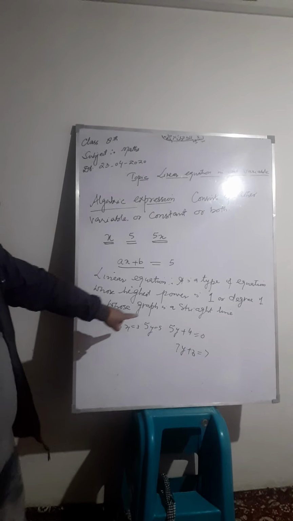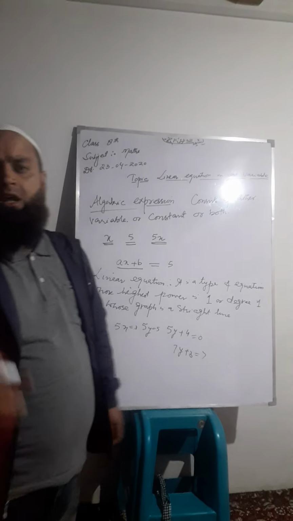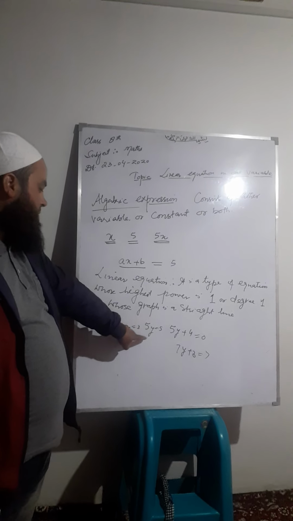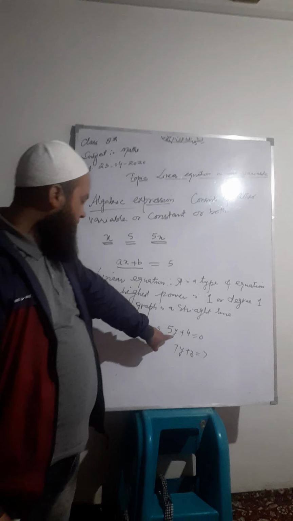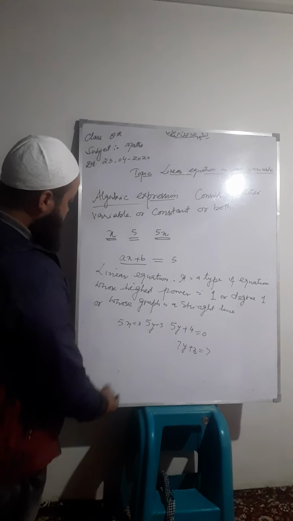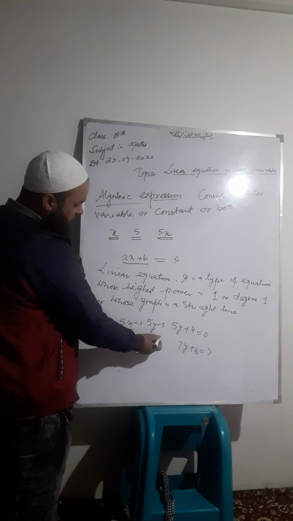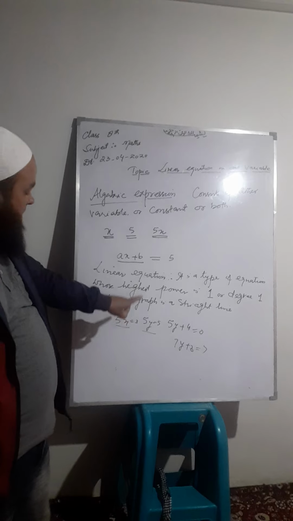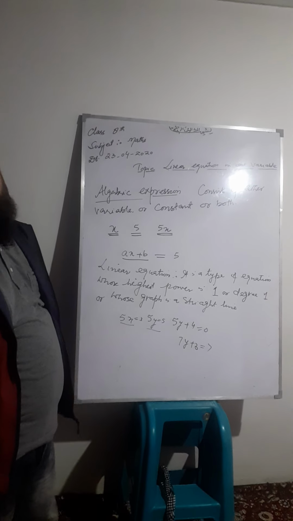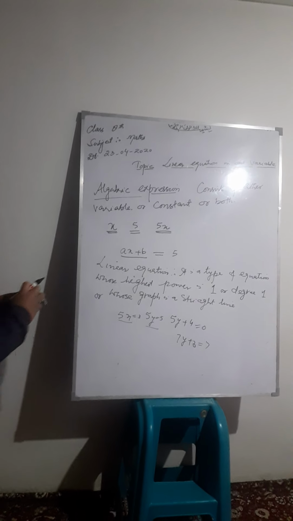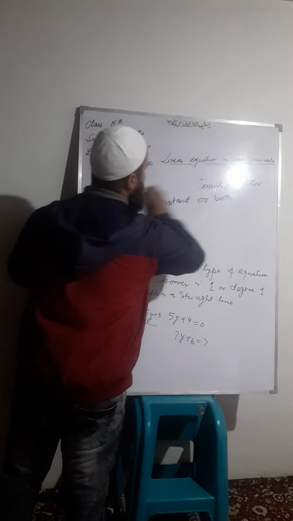These are all equations of only one variable, because here we use the x variable, here we use the y variable. Our topic is linear equation in one variable, so we apply only a single variable in all these equations. This is the definition of linear equation in one variable.